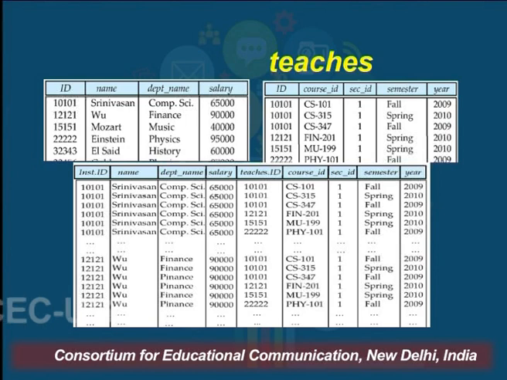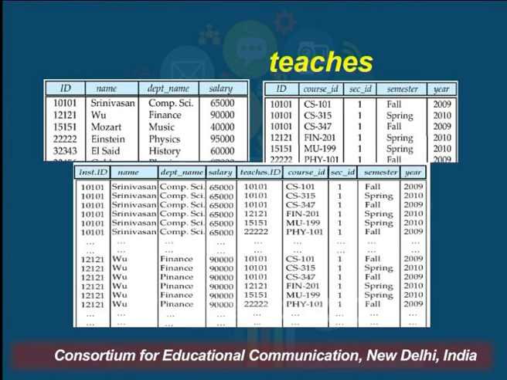But if we take natural join between these two relations, it is going to consider only those pairs of tuples where both the tuple from instructor as well as from teaches have the same value on the common attribute. Now, what is the common attribute?